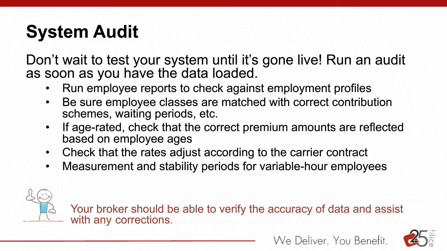But if you have a new hire and they start after your plan contract, does it go by the new hire's date of birth for that age rate, or does it go by the plan contract renewal point? That's the kind of stuff that you need to discuss with your broker to make sure that your system is set up so that when someone logs in and elects their benefits, they are seeing the correct contribution level.